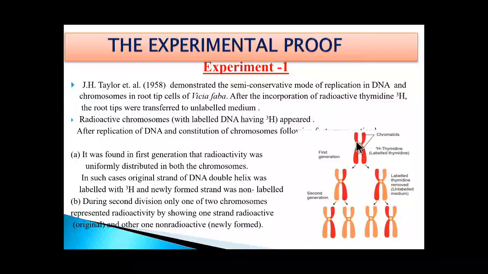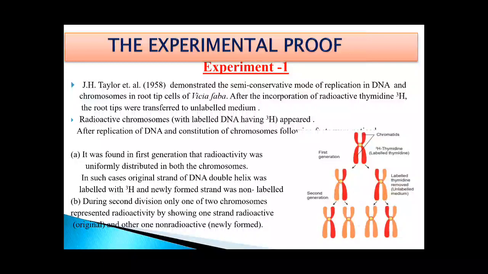So here you can see what experiment was done. Taylor et al. supplied roots of Vicia faba with radioactive tritiated thymidine for a few days till the chromosomes of the dividing cells became radioactive.